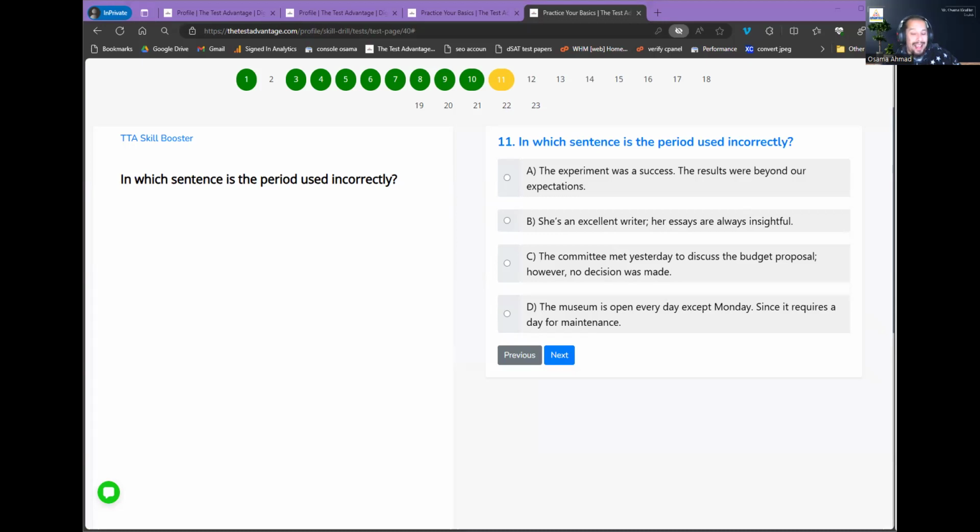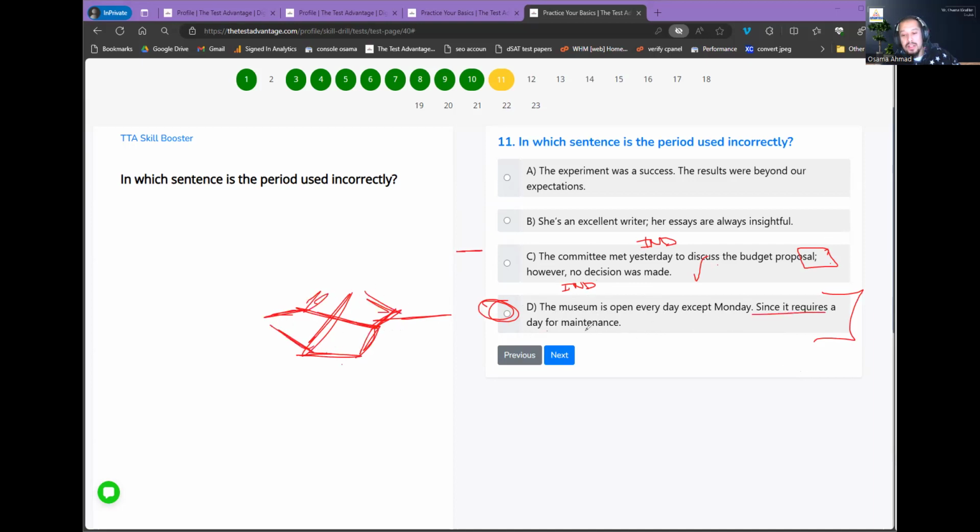Shaza, that's an incorrect period, Miss Shaza. Are you sure? I don't think C is a problem. We have an independent idea, then a semicolon, independent idea. So that's okay. It's answer D. Why, Omar, is D incorrect? Because I can't put a period between independent and dependent. Yes. So how do you know this is dependent? Because of the conjunction.